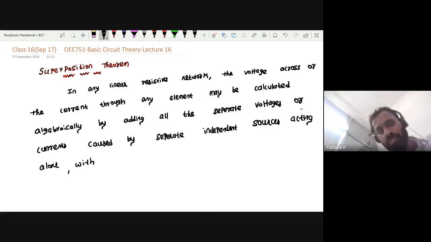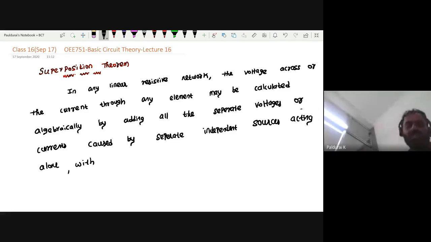Separate independent sources: you switch on or activate any one source, and then we add all these results together. That is the meaning of adding algebraically.